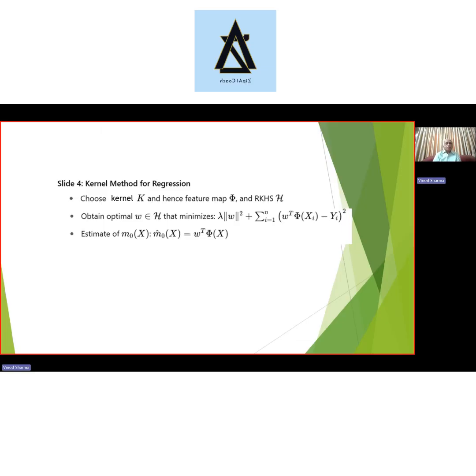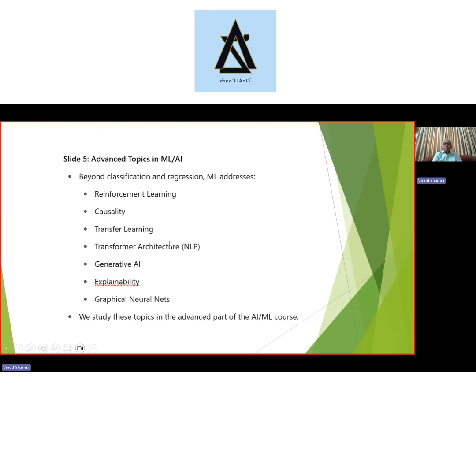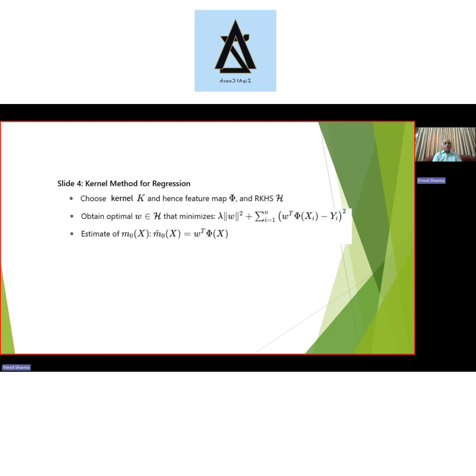In the kernel method, choose kernel k as before. Then we'll have a feature map phi, and here H denotes the higher dimensional space, R^n1. Now, for a given w in H, the estimate of m naught x is given by m naught hat x equal to the inner product of w with phi of x in the transform domain.